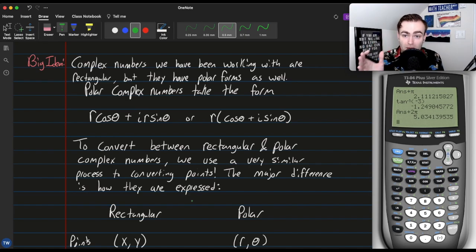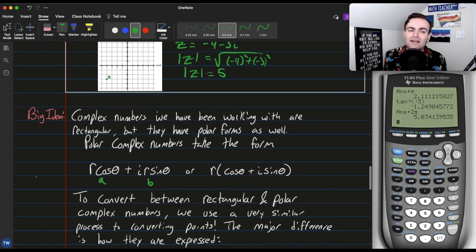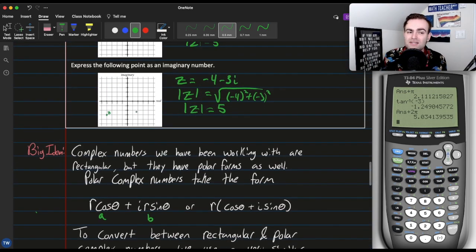So I foreshadowed it before, but we can convert rectangular imaginary numbers to polar imaginary numbers. They have polar forms, which is very, very similar to this a plus bi. It's just a is now r cosine theta, and b is r sine theta. That sounds familiar. And it comes from what we've just done.